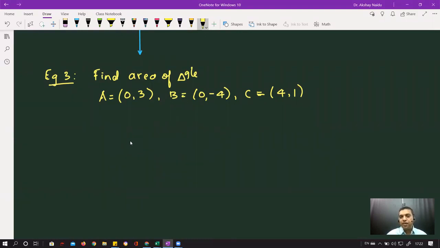Answer, Harshit, is 14 square units. 14 square units. So again, you can use the formula.